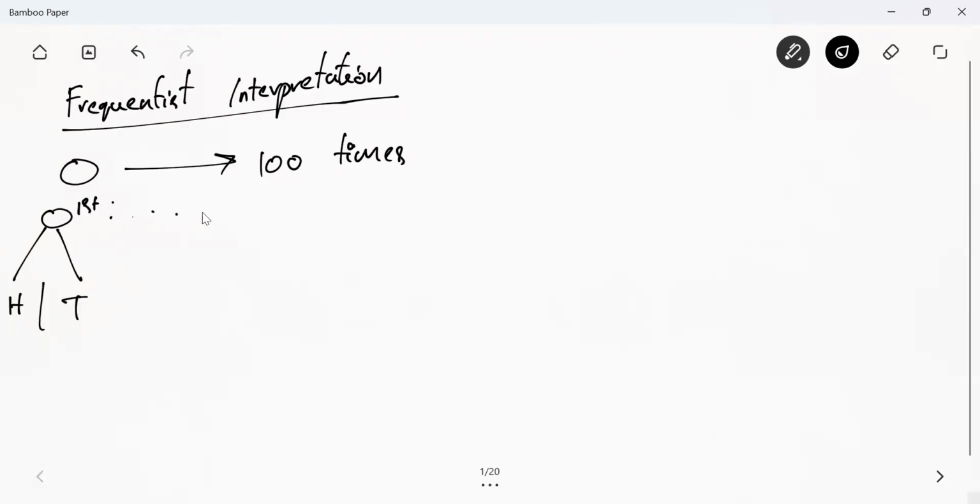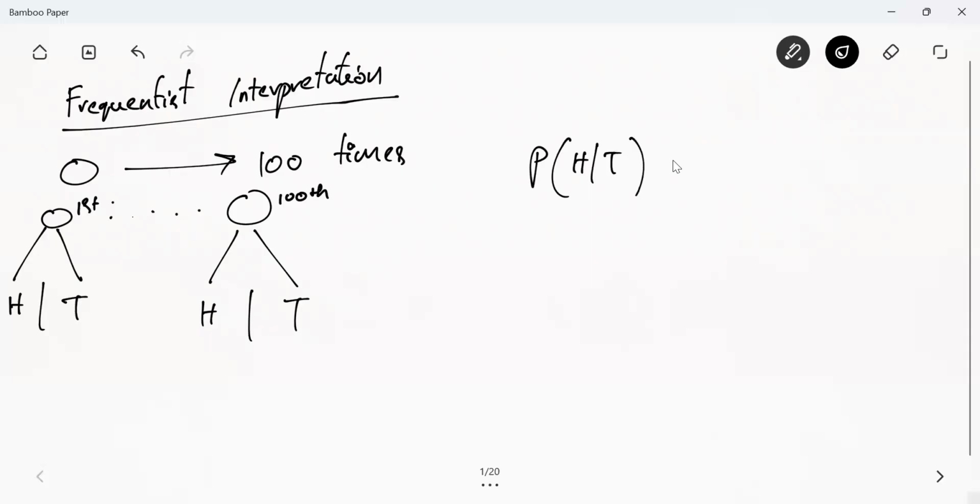Now you have flipped n number of times, and at the final flip, the 100th flip, here also you'll get two outcomes, either heads or tails. So if I ask you this question, what is the probability of getting either heads or tails? How do you answer this question?